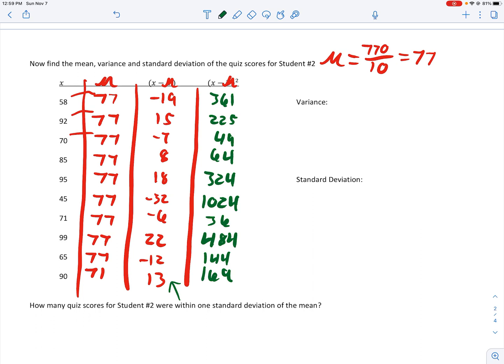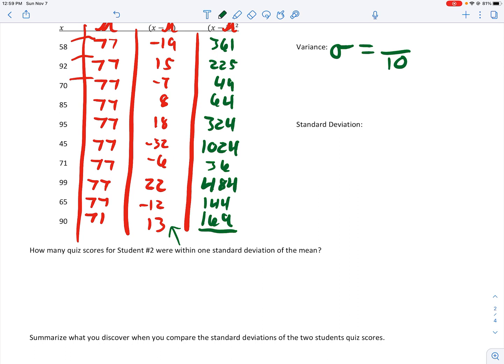So now to calculate the variance, which is sigma squared, you're going to add up the very last column and divide by the number of data points, so 10. So add up all those numbers. Pause the video, add those numbers up, and then continue on. Now that you've added them up, you should have hopefully gotten 2,880.